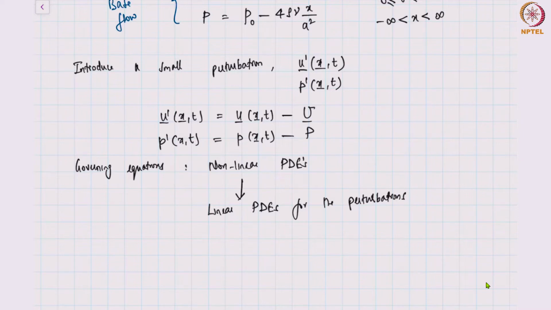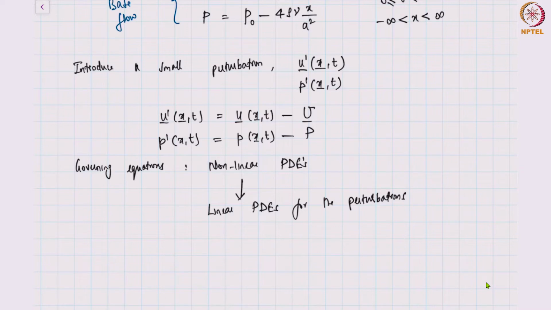Note that the base flow automatically satisfies the equations. Therefore, when I substitute the perturbation, capital U and capital P don't matter because they cancel themselves out, since they satisfy the equations. So what we end up getting are linear perturbations.